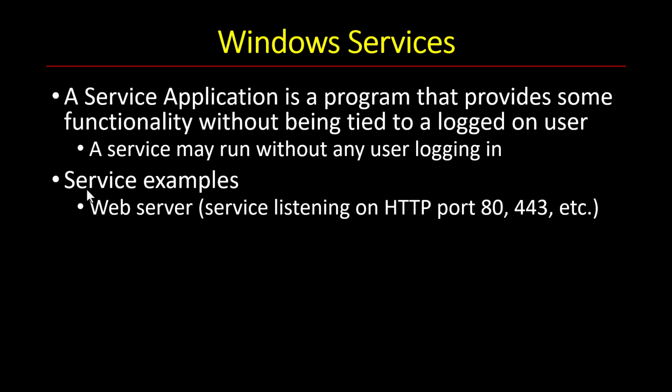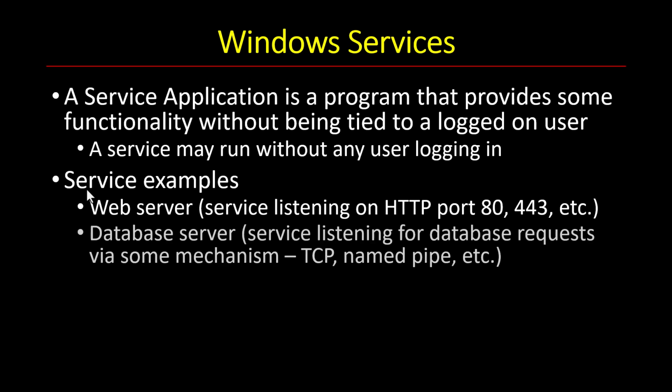It's built around a service that listens to TCP requests under some set of ports like 80, 443, and so on. Another example is a database server that listens to database requests coming in through some mechanism like a TCP/IP port or named pipe or any other mechanism that makes sense and usually is configurable with that particular product.